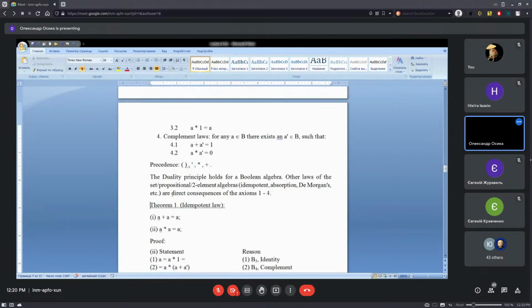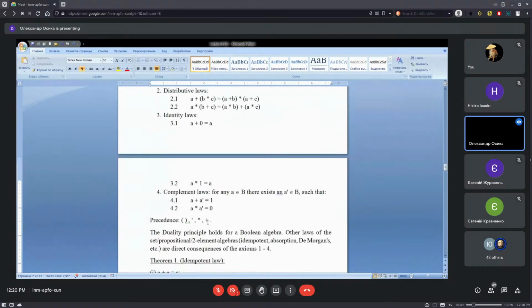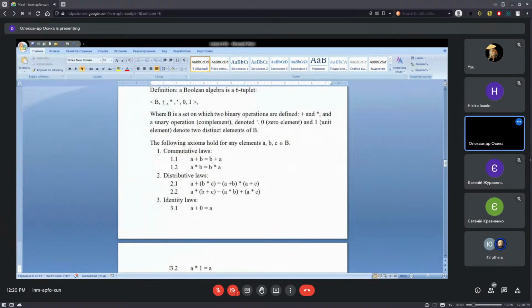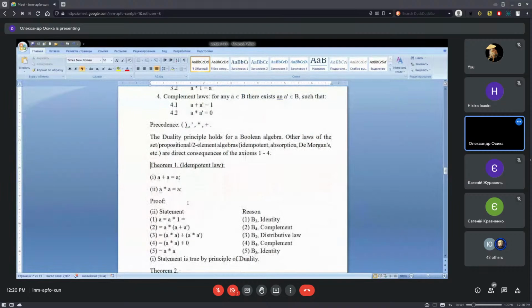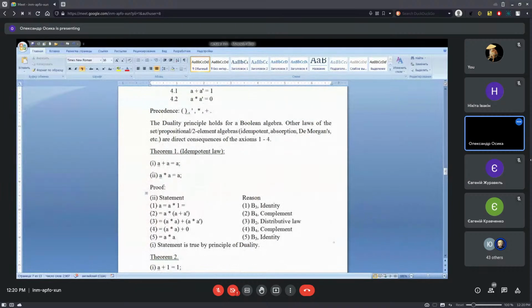And here it is: A plus A is equal to A, or A by A is equal to A. It is the idempotent law. We don't have such a property here, but we can deduce it from this. How? Proof.